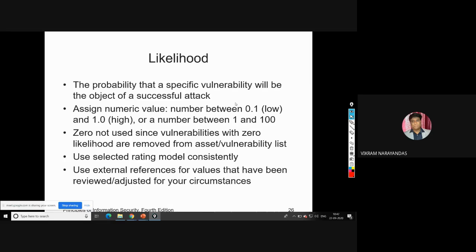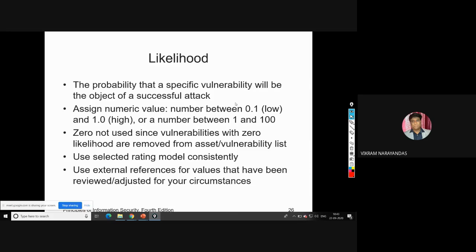Example for likelihood: the likelihood is generally given for email which contains viruses or worms, and this has been researched. The number of network attacks can be forecast based on how many network addresses the organization has been assigned.